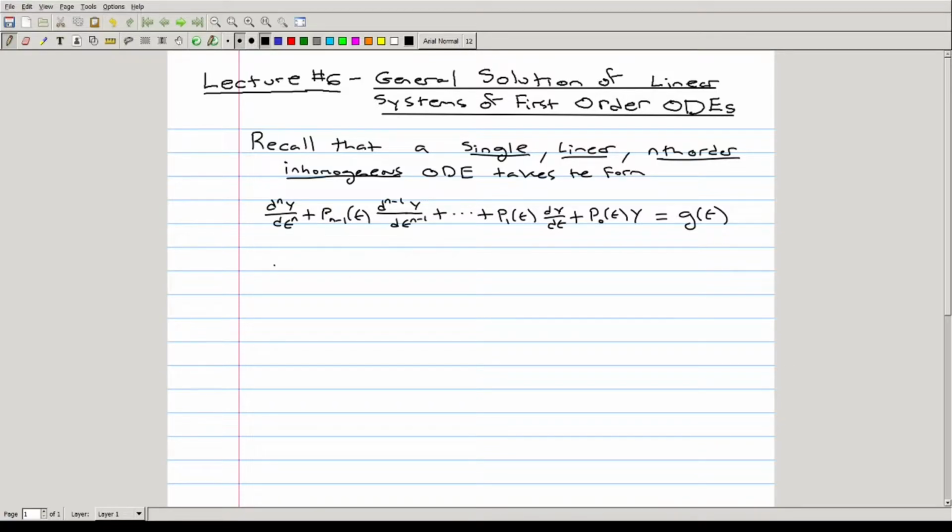This single ordinary differential equation can be rewritten as the following.